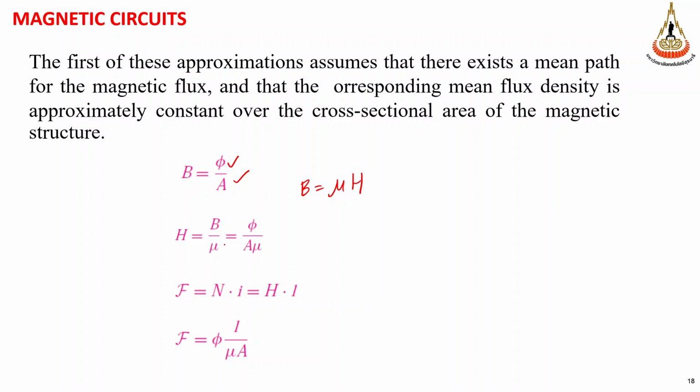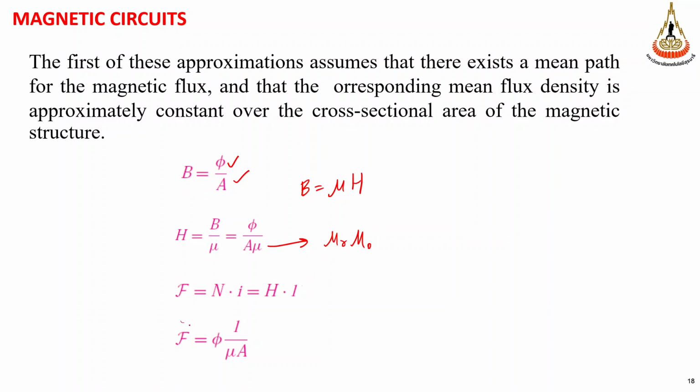B equals mu H, so H is B divided by mu, where mu is mu R times mu 0. And the magnetomotive force is N into I, or H into L, where L is the range of the magnetic path.